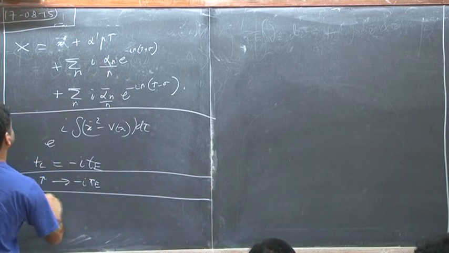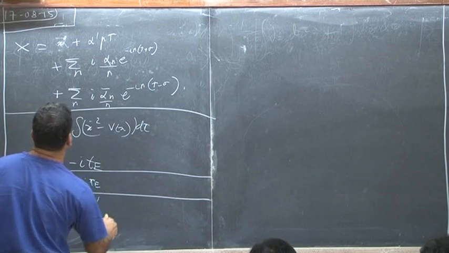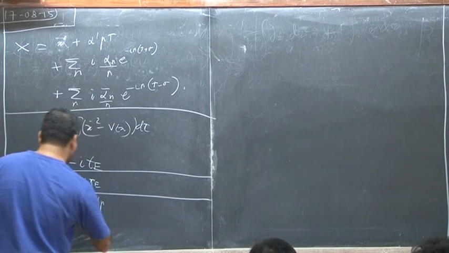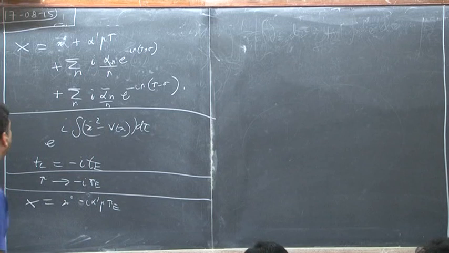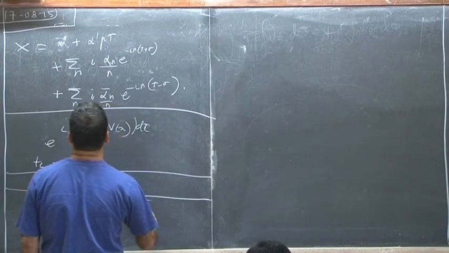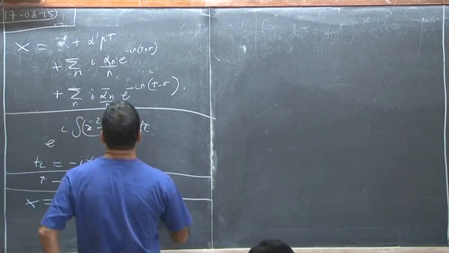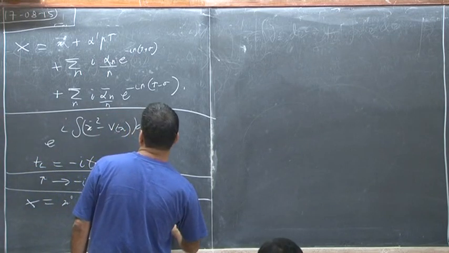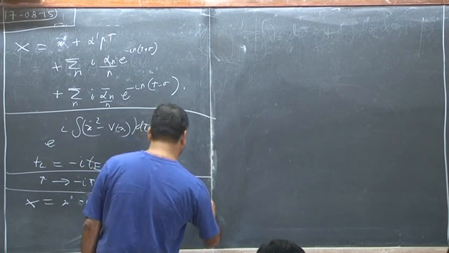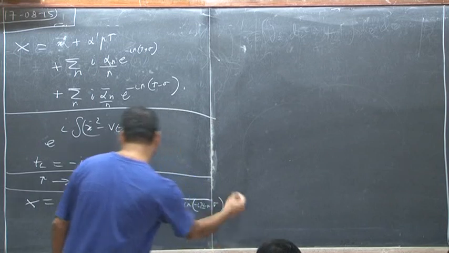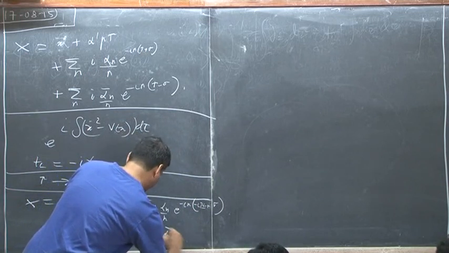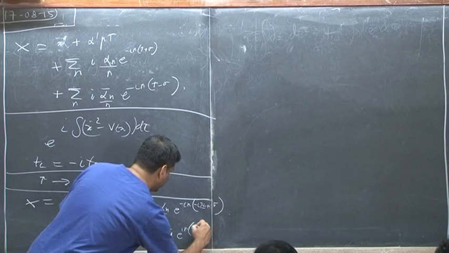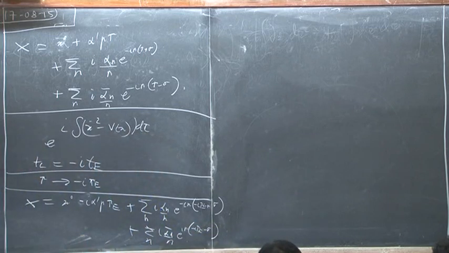So then we have x equal to x naught plus alpha prime p minus i tau Euclidean, plus the sum over n of i alpha n over n e to the power minus i n times minus i tau Euclidean plus sigma, plus the opposite term, the sum over n of i alpha bar n over n e to the power i n times minus i tau Euclidean minus sigma.